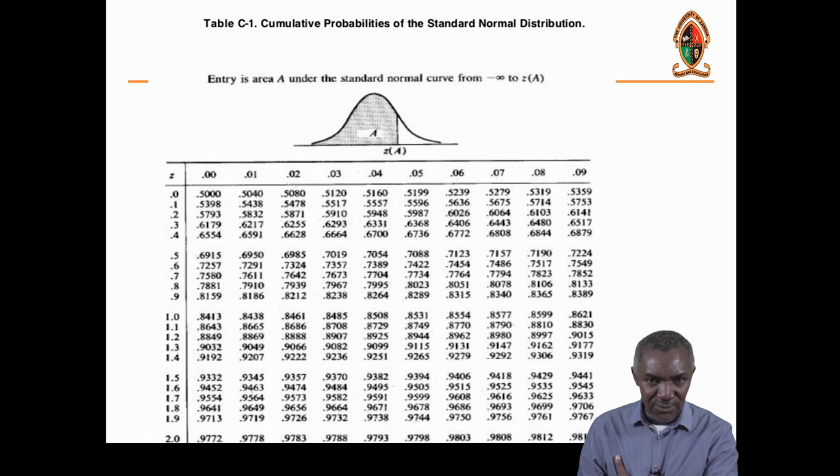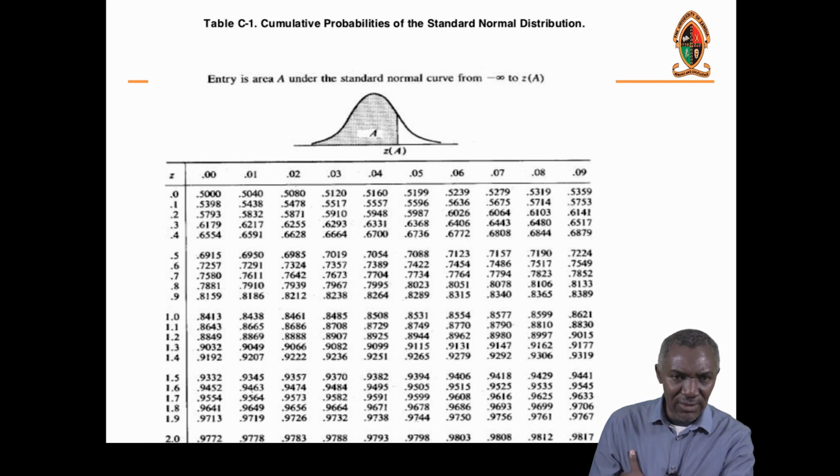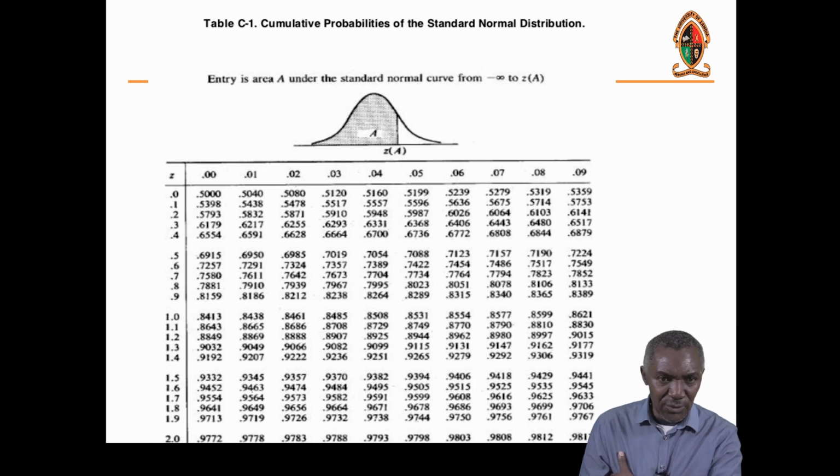These values on top are supposed to be added to the Z values as decimal points. I hope that makes sense to you. Because it's 2, which means 2.00, there are no decimals there, so that's why I picked the first column.